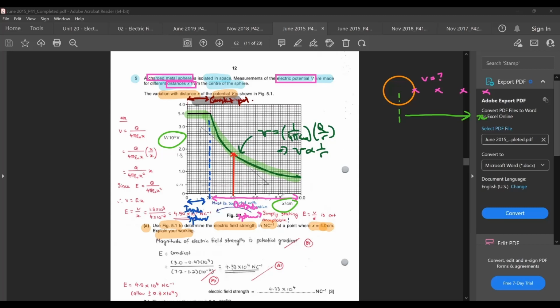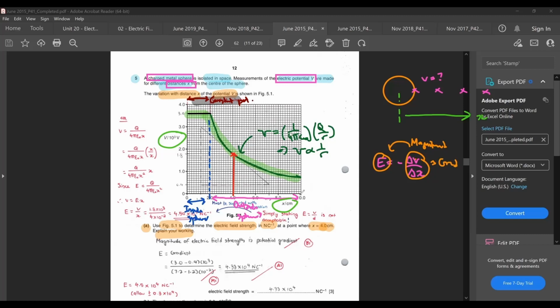This one is through the equation that you just learned earlier, where we say field strength is negative potential gradient. So the magnitude of your field strength is actually the potential gradient itself. Your delta V over delta x is your gradient now.